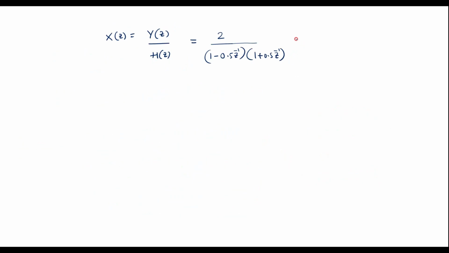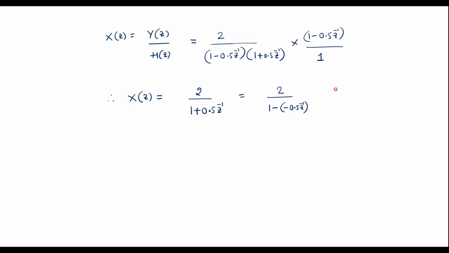So I can represent it as into 1 minus 0.5 z inverse divided by 1, I'll take denominator as numerator, it will become multiplication. Therefore I can write x of z is equal to, here this term and this term will get cancelled, will get 2 divided by 1 plus 0.5 z inverse, or I can rewrite it as 2 divided by 1 minus minus 0.5 z inverse.